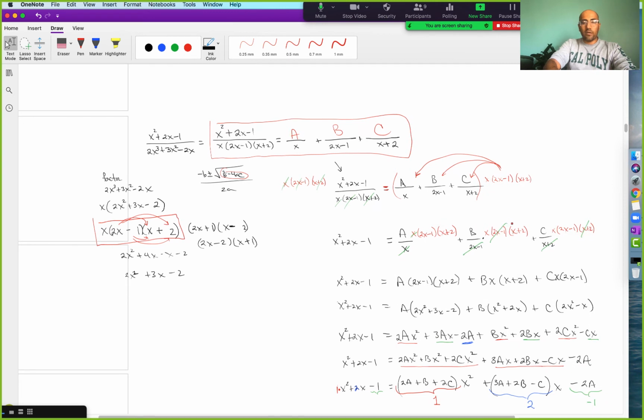After working really hard, we found the values of all those constants. It turns out that a is positive 1/2, b is positive 1/5, and c is minus 1/10. That's what I got.